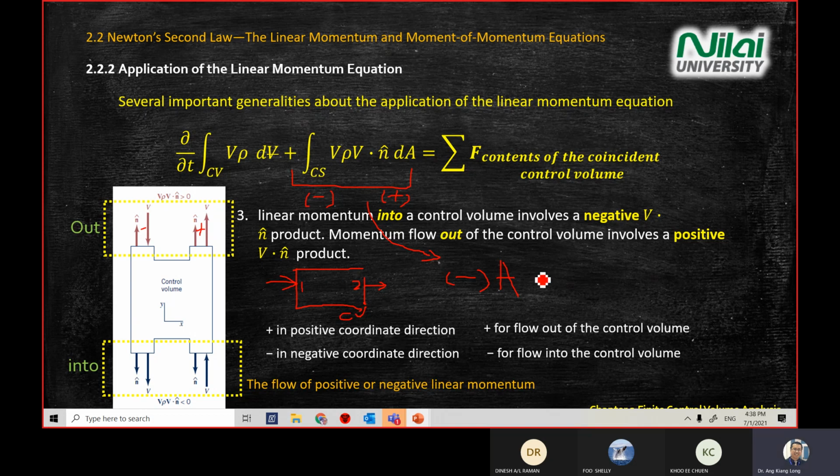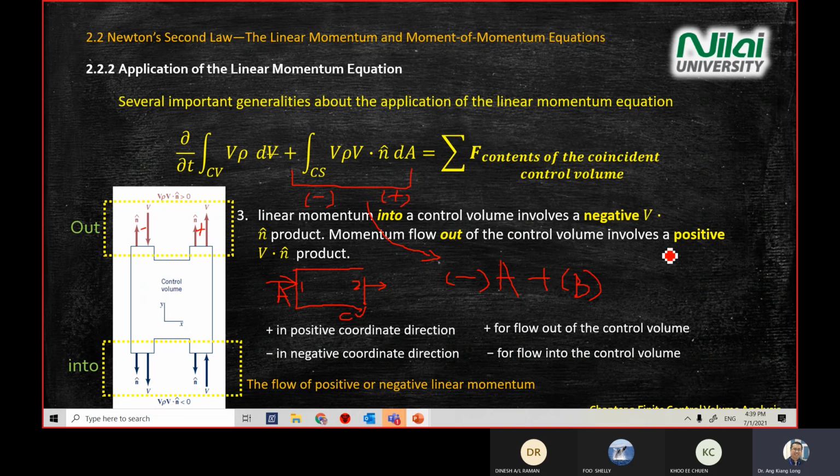What comes out of section 2, you will have a positive B value in your answer. So when you do the calculation later on, you have a negative value for linear momentum going into section 1. If the fluid is coming out from an outlet, then you get a positive.